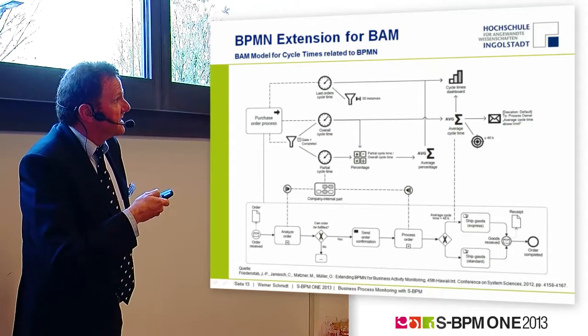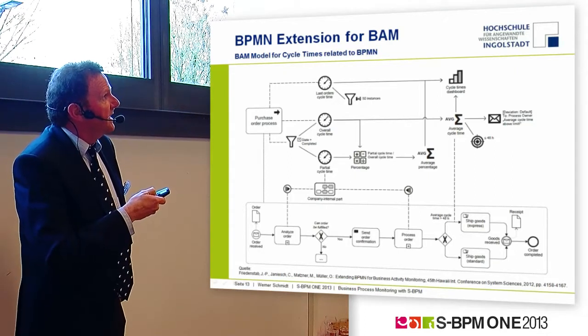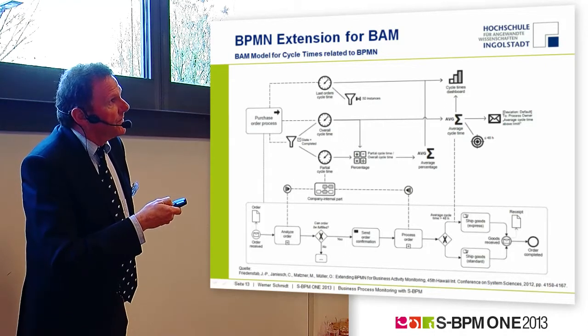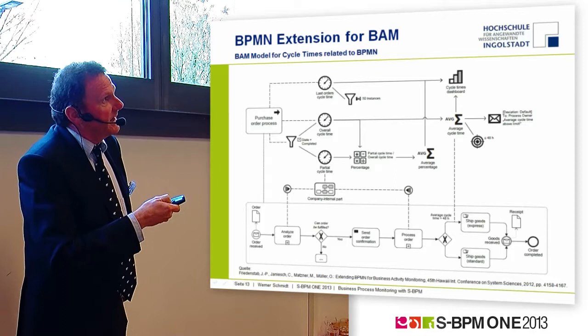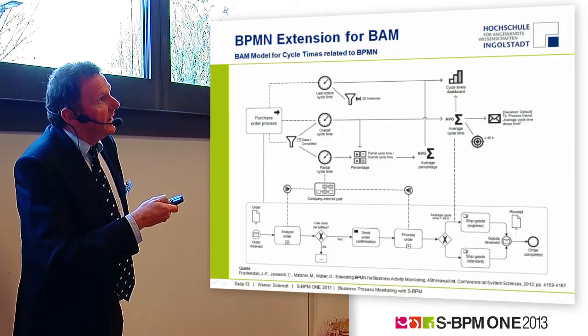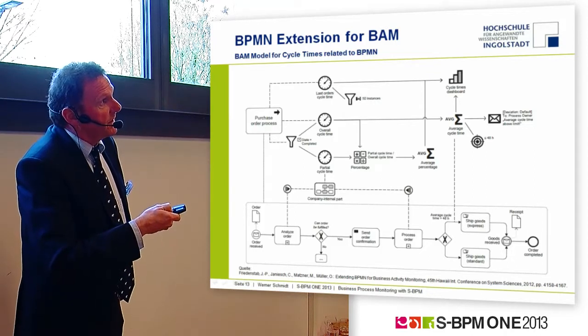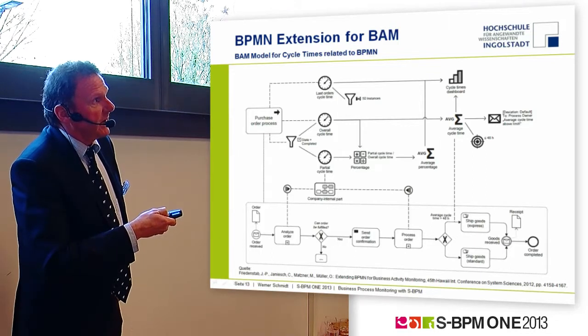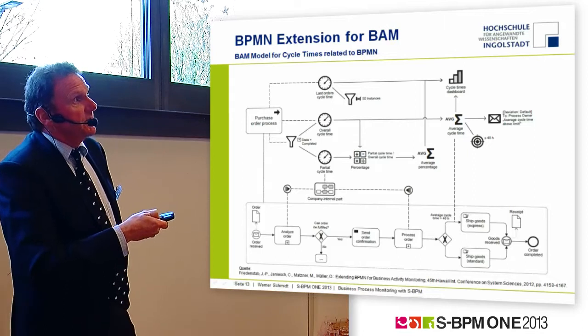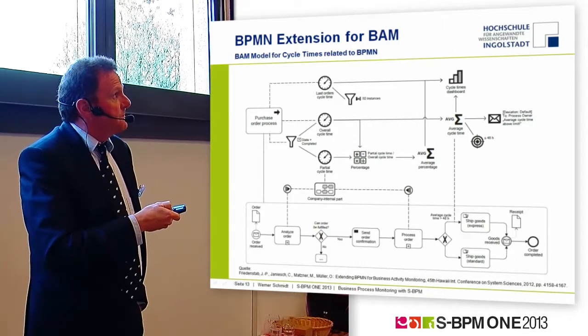Another second example, the overall cycle time in average with a target value of less than 48 hours. If this is violated, a notification for the process owner should take place, and this also influences the sequence flow down here, because in that case the goods need to be shipped by express.